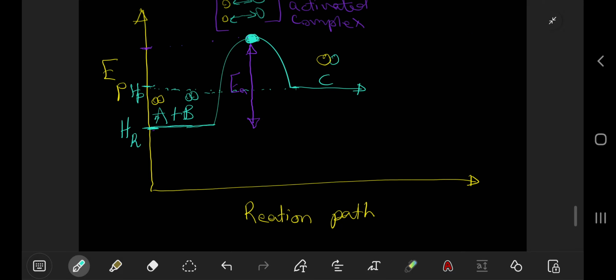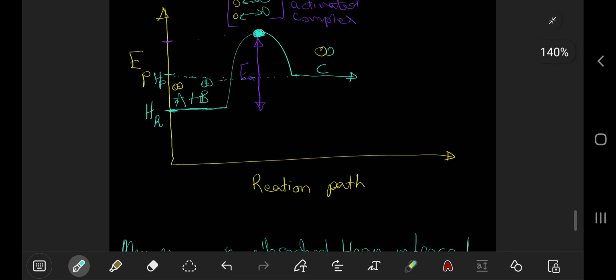All right, so in this reaction, we can calculate the difference between the energy of the products and the energy of the reactants. For example, let's say the energy of the reactants is 10 and the energy of the products, which is greater, is 25 joules. If we calculate the difference, which is what we call enthalpy change, or delta H, which equals the heat of the products minus the heat of the reactants, you would get a positive answer.